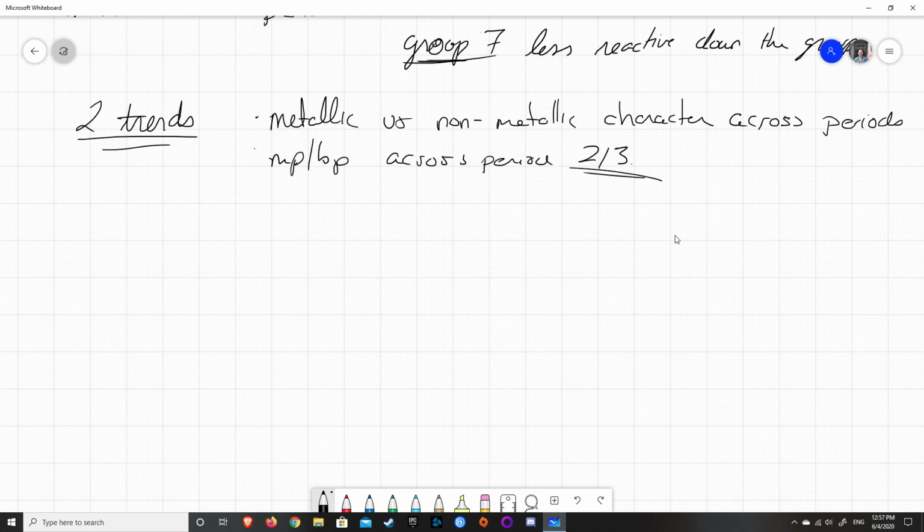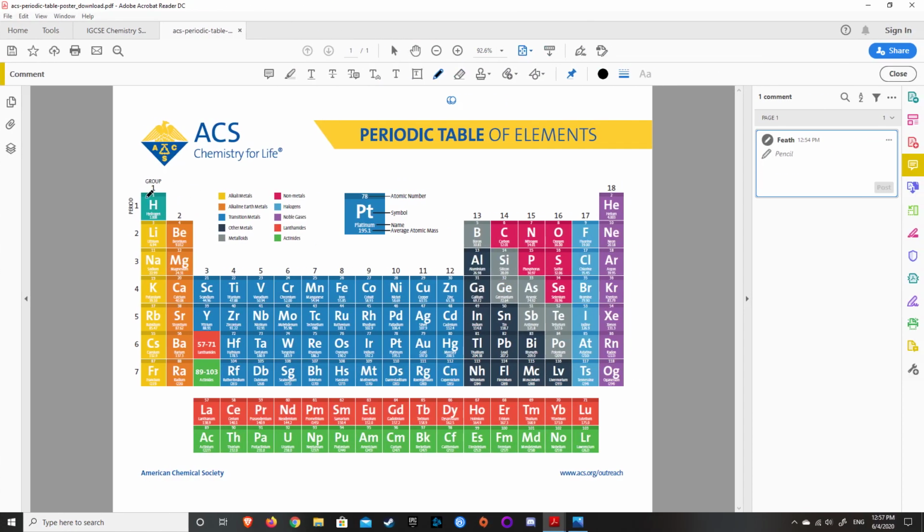So okay, let's talk about metallic versus non-metallic character. This is one that you don't really need to memorize as much. Let's just look at the periodic table. If we look at the periodic table, we see metals, semi-metals and metalloids, and non-metals.